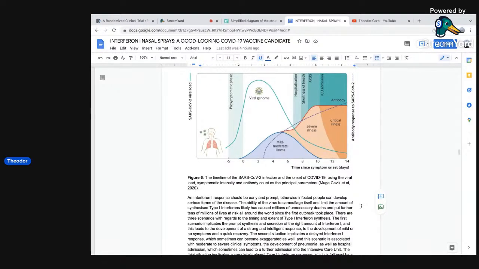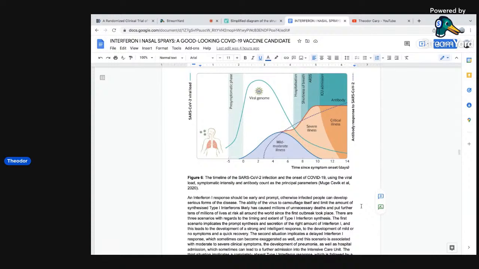In that time frame, there could be a nasal spray administered to prevent the disease and to treat the disease in the cases where it needs treatment.